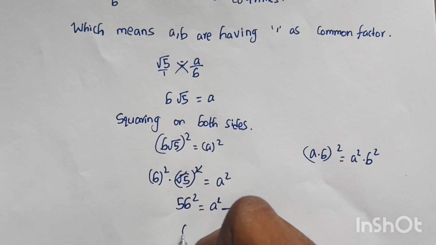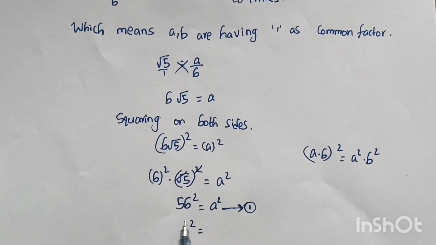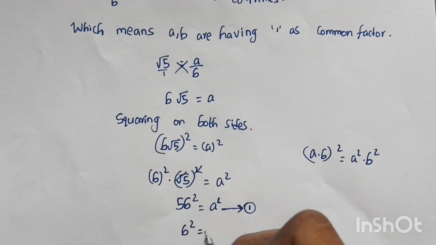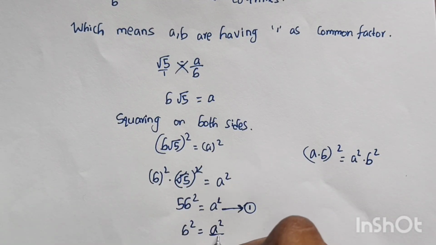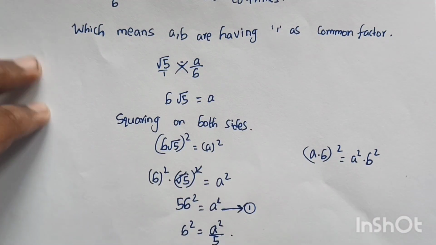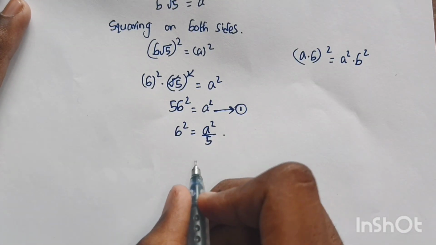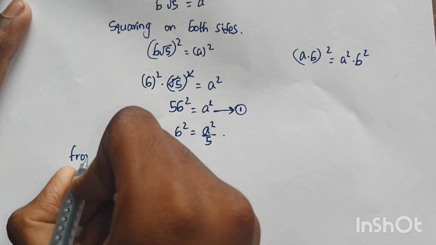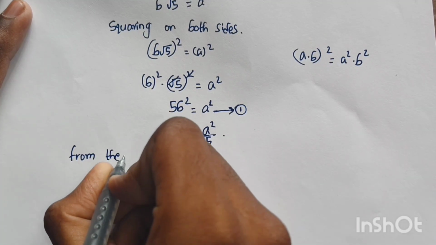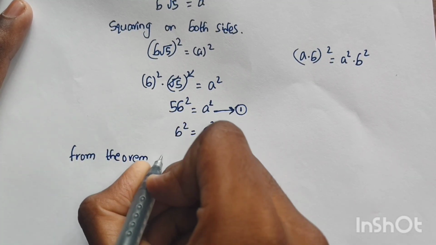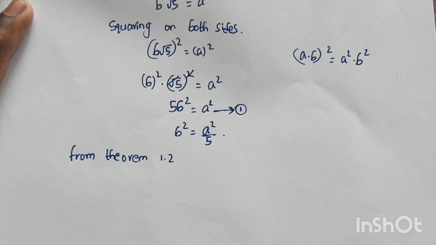After that, 5 is multiplying with b square. If we send 5 to that side, it will divide: a square by 5. Here we got a point from theorem 1.2. What is theorem 1.2?